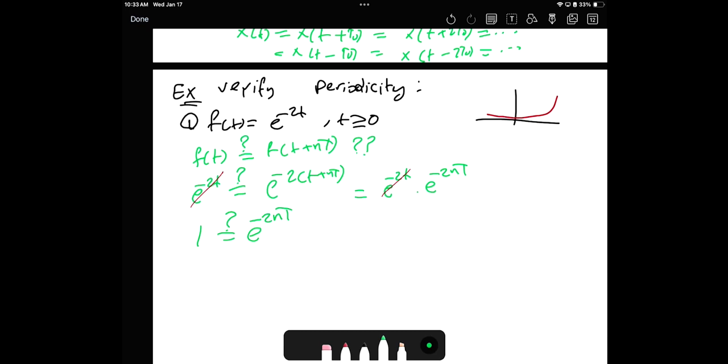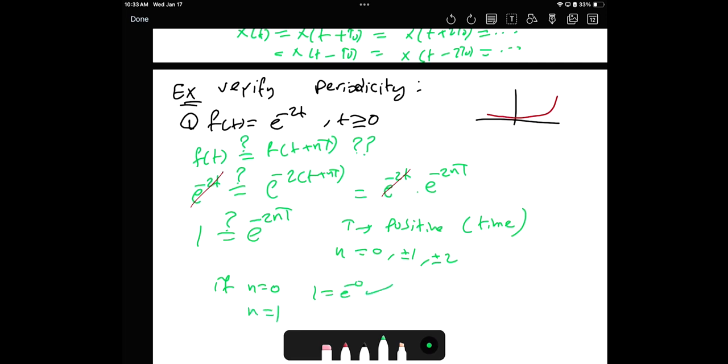As we know, t must be a positive number because it's time, and n is an integer: 0, plus or minus 1, plus or minus 2 and others. The only situation where e to the power of something equals 1 is when it's e to the power 0, so when n equals 0. When n equals 0, then yes, 1 equals e to the power negative 0, that's fine.